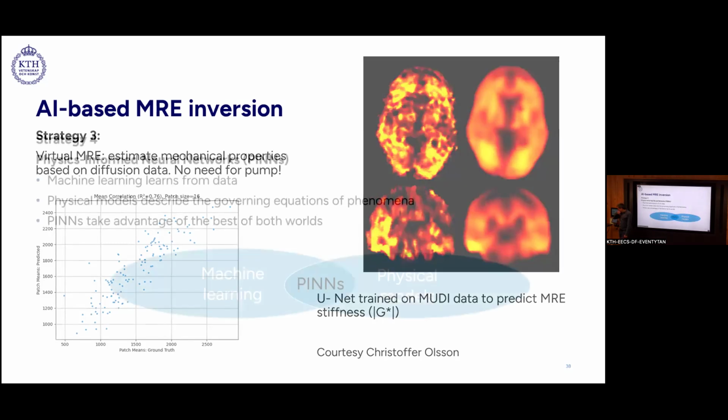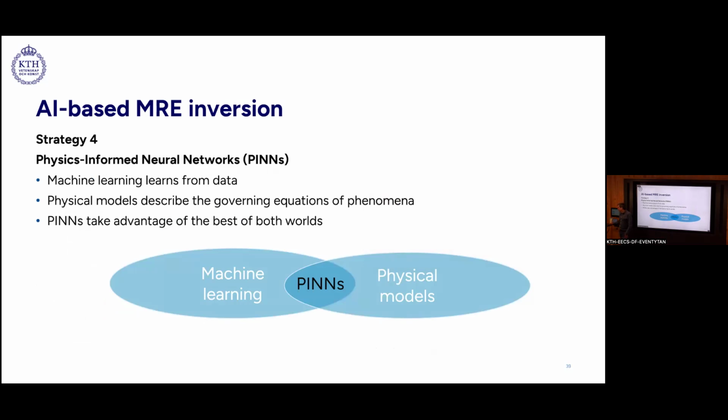Yes, but of course this is interesting, but I think there is another way to do it, which is to use these PINNs. It's very, very interesting for us because it uses both machine learning and physical models.